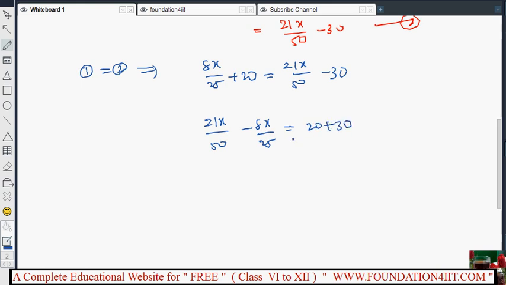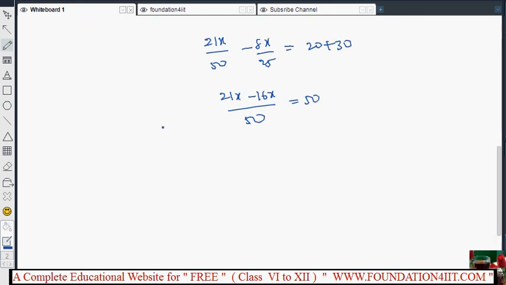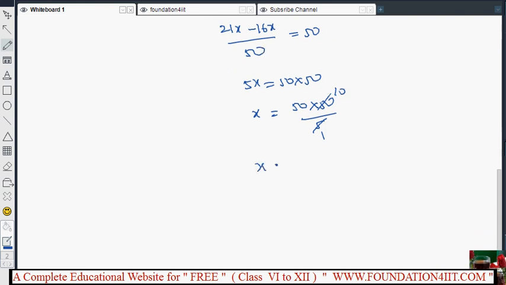So taking the numbers one side and variables one side, if you do LCM, 21x minus 16x by 50, 50 is the LCM for both, is equal to 50. 21x minus 16x is 5x, is equal to 50 into 50, x is equal to 50 into 50 by 5, 5 ones are 5, tens, so 500. X is equal to 500, that means maximum marks is 500. So the maximum marks is equal to 500.